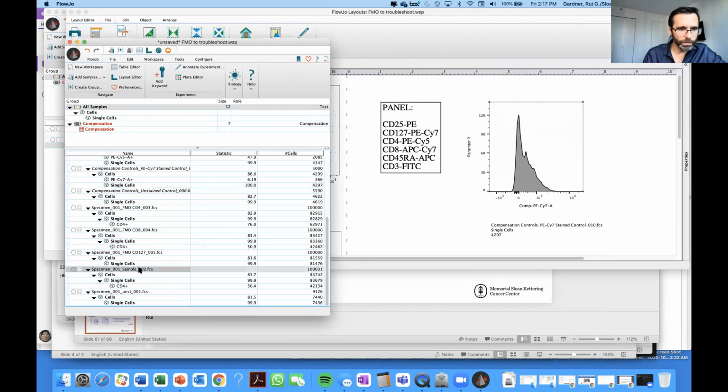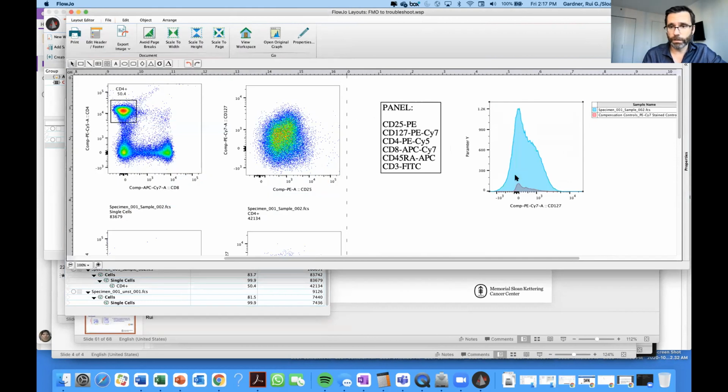The sample is here, so I'll just add the same gating, and you can see just by looking at this that already something is wrong. So the blue is the multi-stain, and the red is the single stain control.